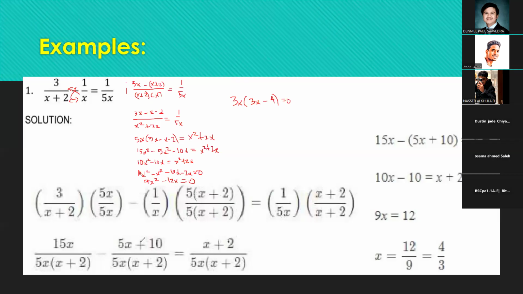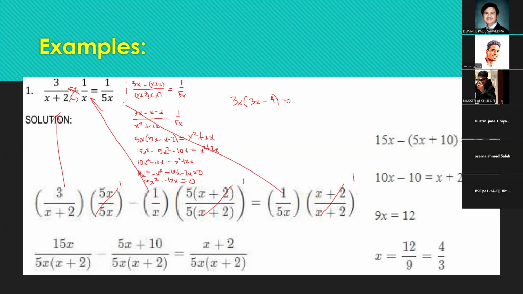All right. So what it did is it tweaked the equation and then it multiplied a certain value, but of course 5x over x is still 1. This is still 1. This is still 1. So in other words, you're not changing the value since it's still the same.